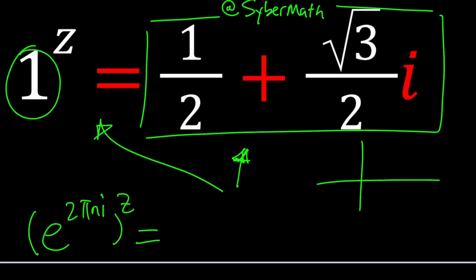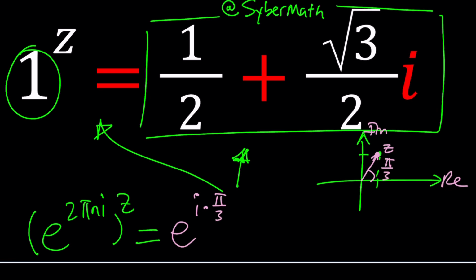If you think about it real quick, 1/2 and root 3 over 2 give you something in the first quadrant, and that'll make a 60-degree angle, but we express it as pi over 3 in radians. This is real, this is imaginary. This is the modulus of z, and the distance is the modulus, the absolute value. Make sense? Of course, in this case, modulus is 1, so I don't need to worry about it. But I can write this as e to the power i times pi over 3.